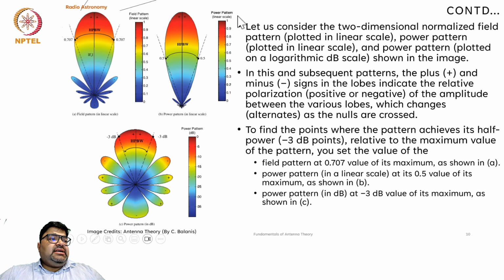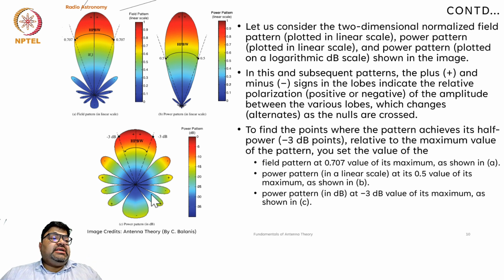On the second plot, we are showing the power pattern in the linear scale, and it is really difficult to see, as compared to the main lobe, the contributions from the side lobe and the back lobe. So it is desirable to plot this in a different way, in a logarithmic scale, so that all the contributions of the back lobe and the side lobes and the respective nulls are very prominently visible.